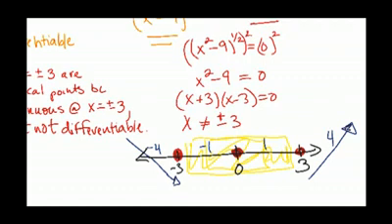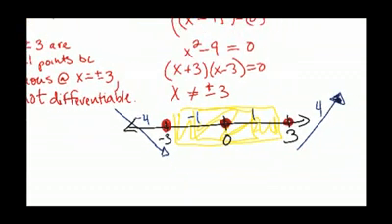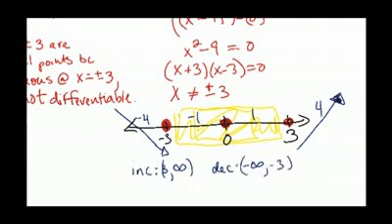Now we don't have any relative extreme in this problem because there's no other side to have the increasing or decreasing on the other half of it. So we can state that it was increasing from 3 to infinity and decreasing from negative infinity to negative 3, and there are no relative extrema.